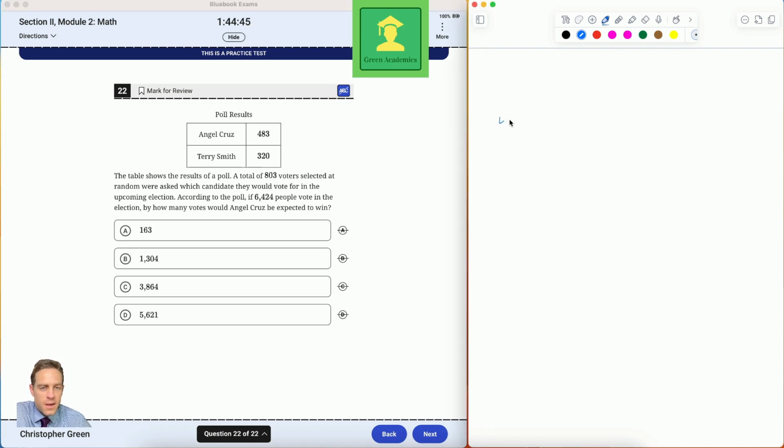So wouldn't it be, it's the fraction of the total, it's this fraction that person got for Angel out of everybody. That's how many votes Angel got. But then the margin by which she would win is her minus Terry, which is, of course, the other fraction.